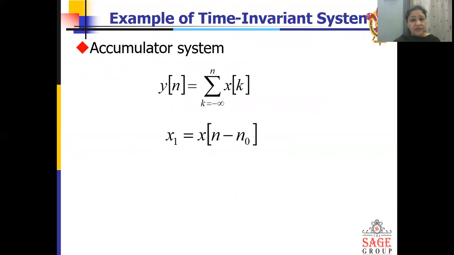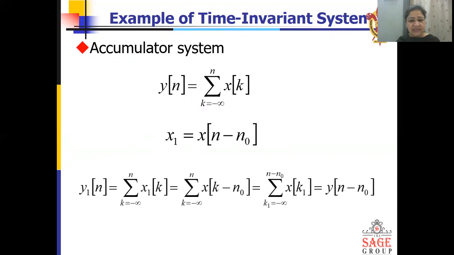Now, an example of a time invariant system is, say, I check the accumulator system. The accumulator system, which I have already discussed, is given as y[n], which is the output. It is equal to the summation, k equal to minus infinity to n, of x[k]. Now say my input is delayed by n naught, that is x[n minus n naught].